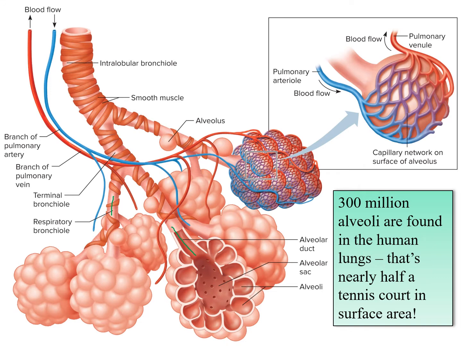So we've got incoming deoxygenated blood, or oxygen poor blood, it's a better term to use, shown here in blue. We'll talk more about the pulmonary artery and pulmonary vein when we get to the cardiovascular system, but basically this is blood that is very low in oxygen, so we color it blue.